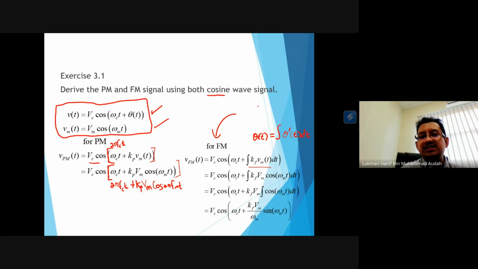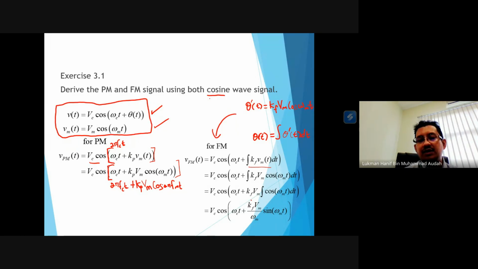What is theta prime? Theta prime t is equal to Kf Vm cos omega m t.